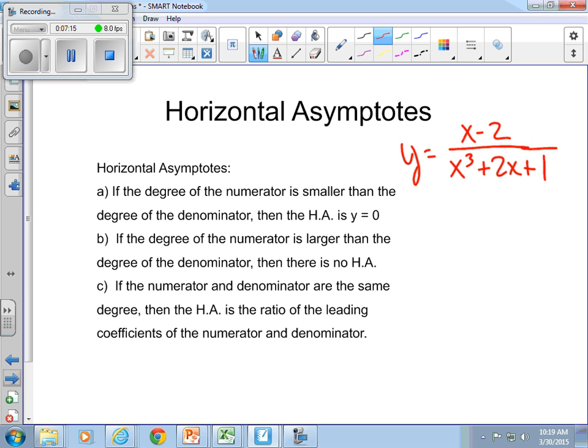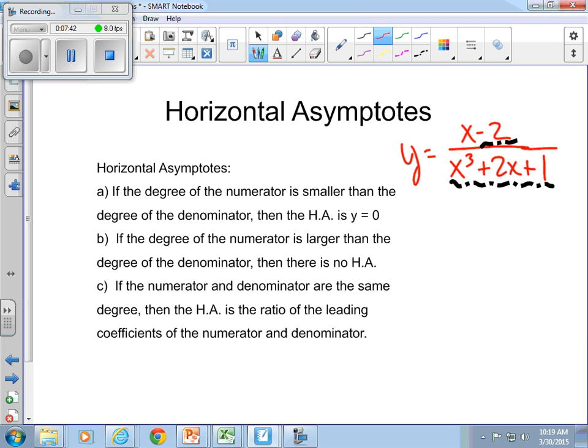Same holds true for rational functions. As x gets really, really big, all of this other stuff seems to not matter. And so the only thing that matters is the leading terms, the x over x cubed.